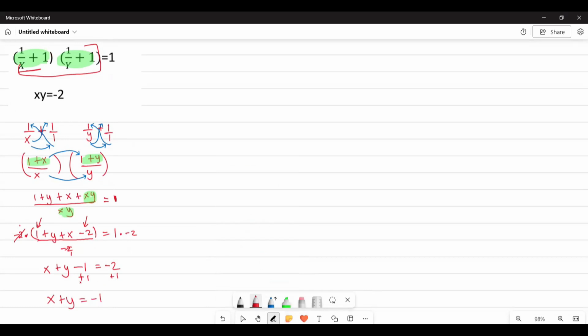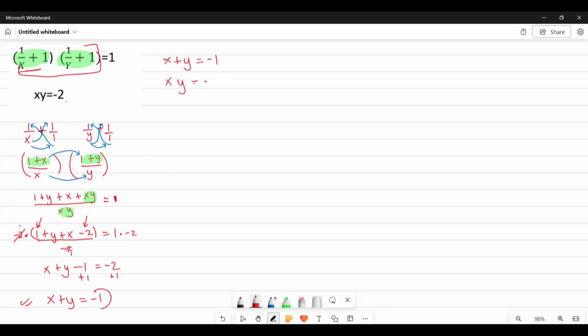I'm going to represent this in a simpler way. This is my first equation at the top, so it actually came down to this: x plus y is equal to -1. So we have found that out. And then this was actually there.